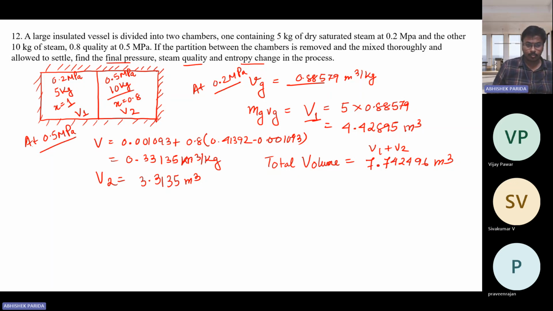Now tell me what should be the next step. We have to find out the steam quality after mixing. We have the total volume and total mass.